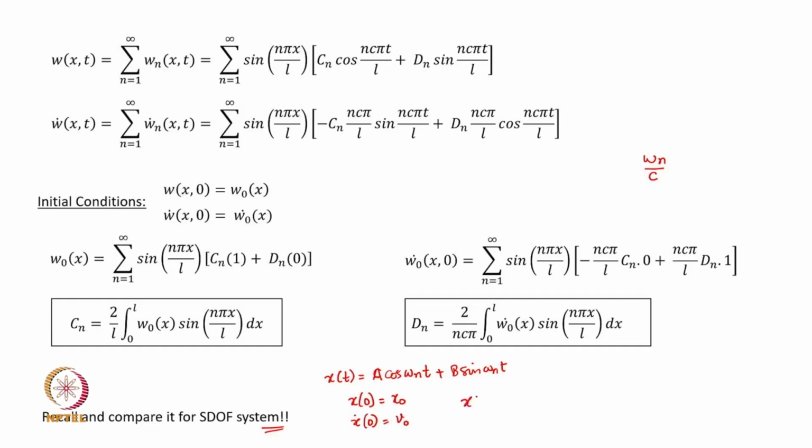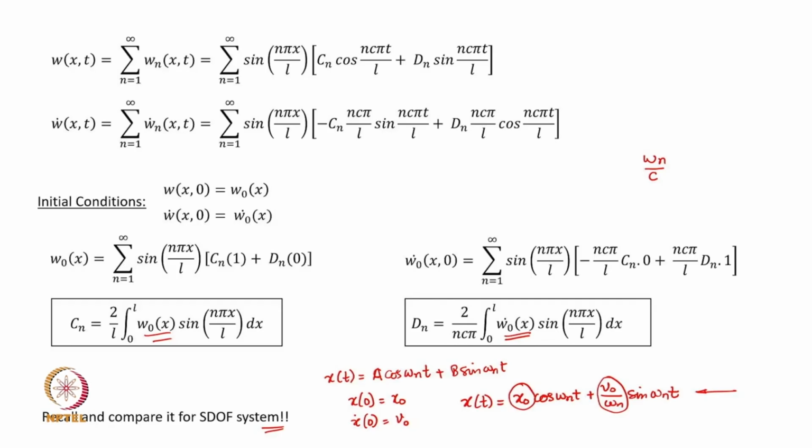And you remember, you finally figured out that x of t is basically x naught cos omega n t plus v naught by omega n sine omega n t, and that's how the total vibratory response had been obtained in this particular form. So basically your Cn and Dn are obtained based on the initial displacement and initial velocity conditions that you impose, and so it is quite similar to our basic single degree of freedom vibratory response. Okay.